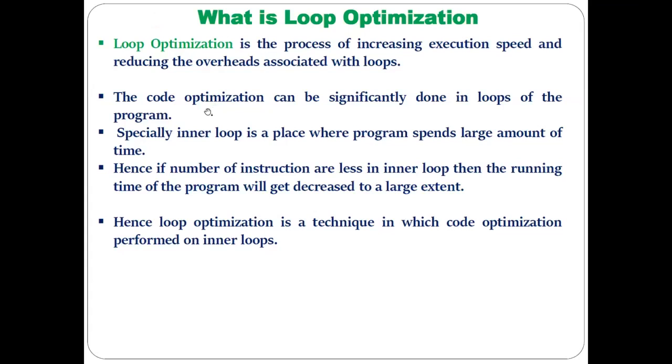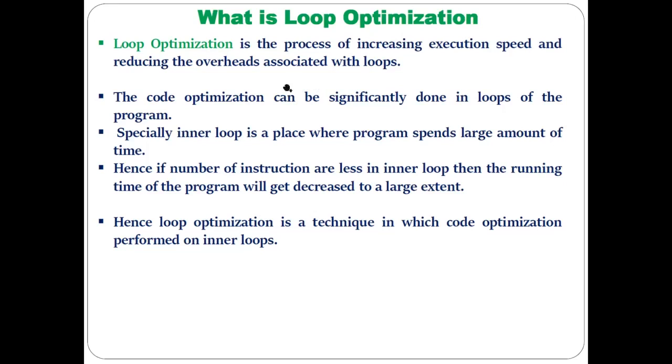So code optimization is making changes or modifications or rearrangements in the intermediate code without affecting the correctness or final meaning of the program. The original meaning of the program should not be changed.